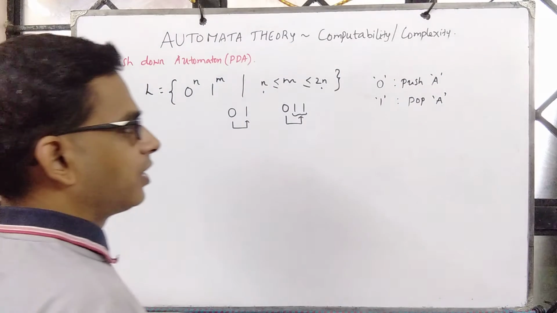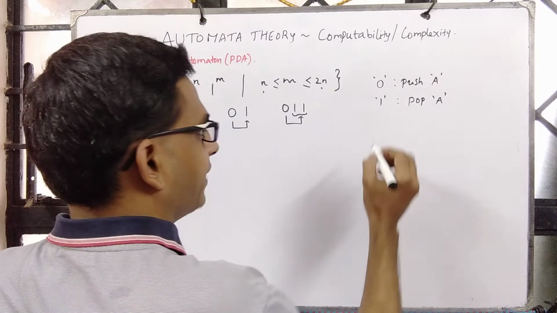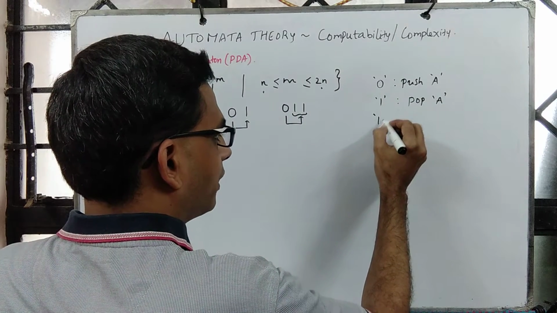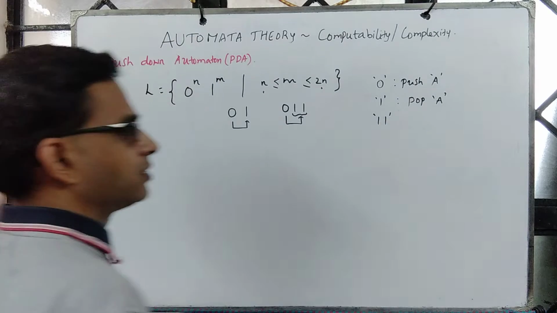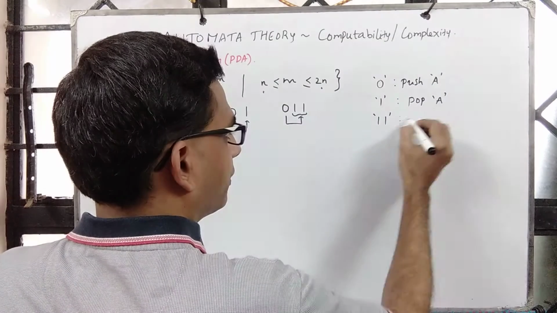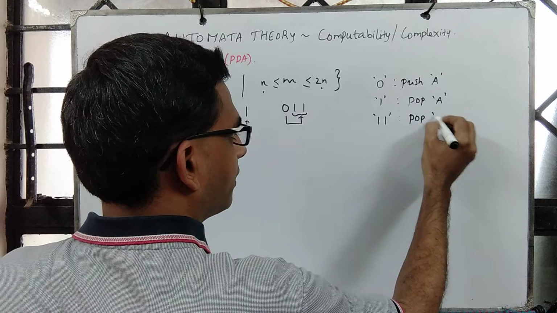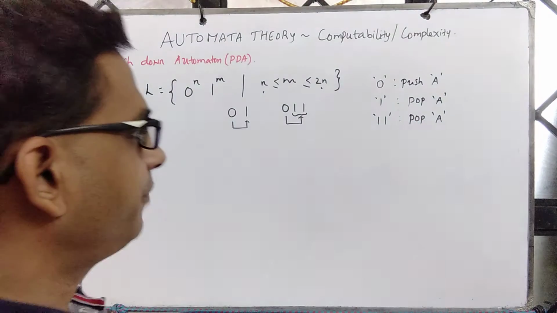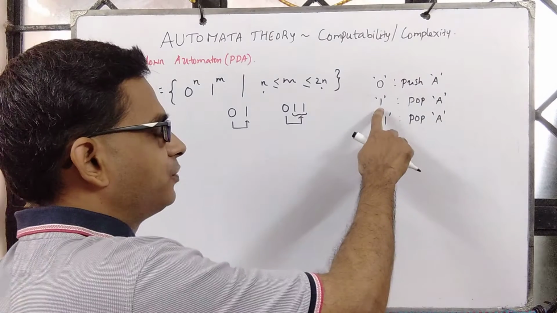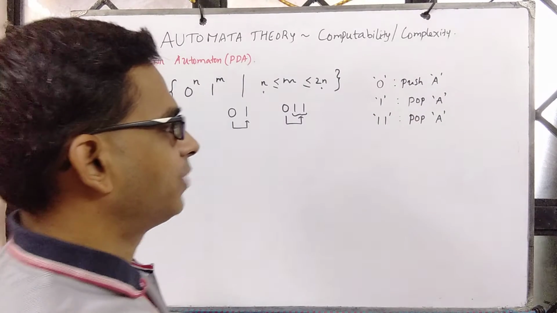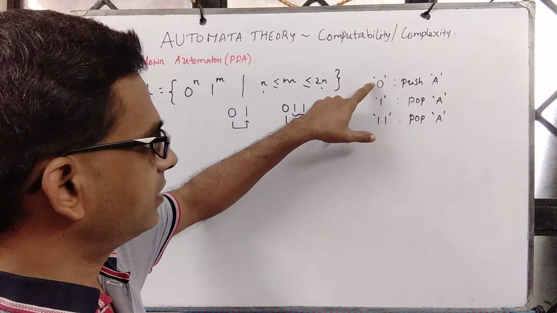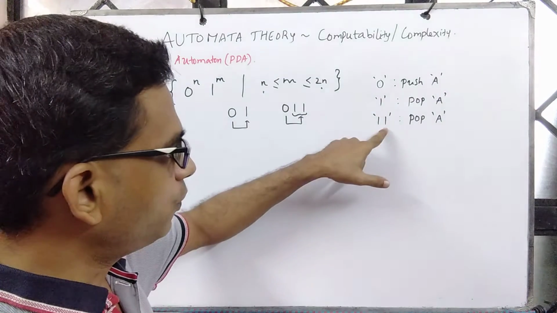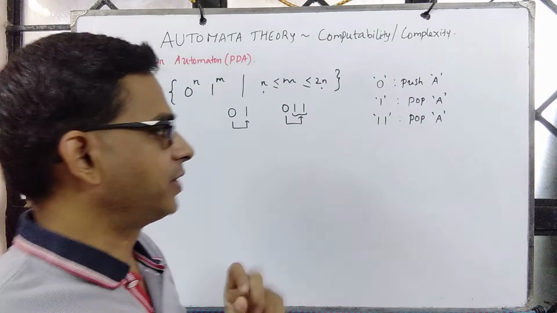Or you can also look at it this way: when you see 2 ones, you pop 1A out. So how do we model this? If you see a 1, you pop 1A out, which means 0 corresponds to 1. And for 2 ones, you take 1A out.